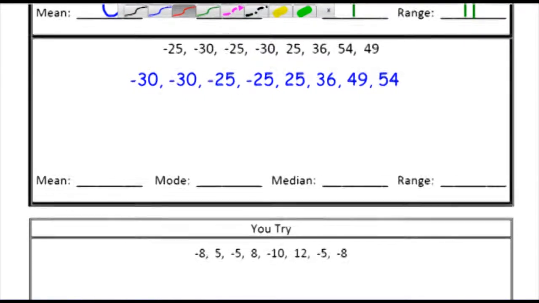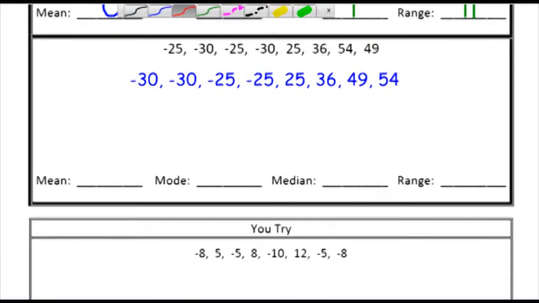Plus negative 30, plus negative 25, plus negative 25, plus positive 25, plus positive 36, plus positive 49, plus positive 54. Think of each value as negative or positive. It'll get you in a good routine.